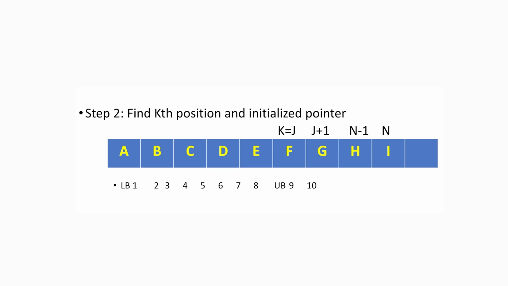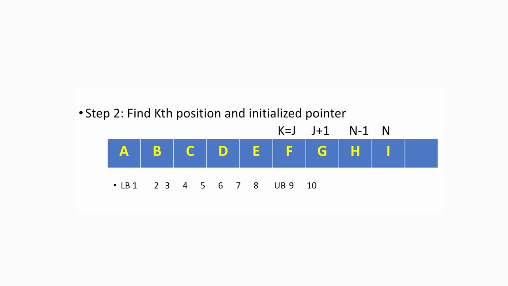When we want to delete the item F, as I told you, that node will not be left empty, it will be filled by the successor items. We assign J, and we also call J plus 1. We move the J plus 1 data to the jth position.